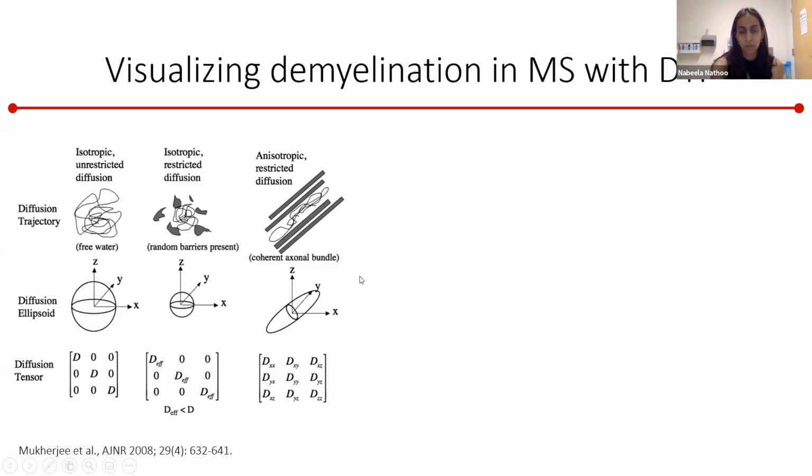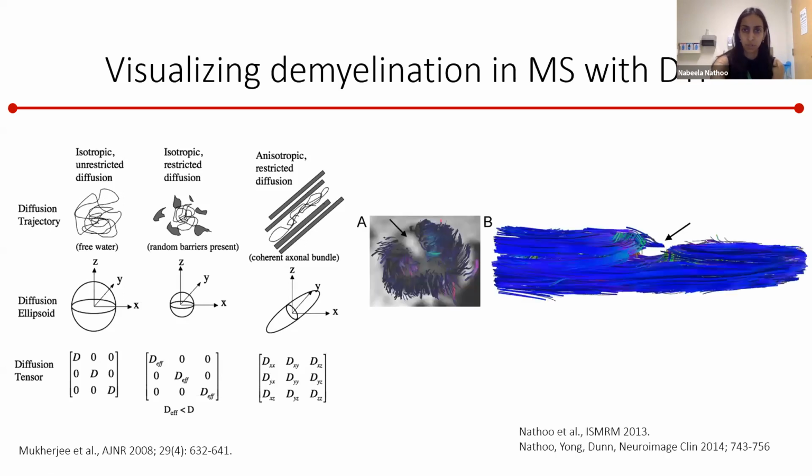The notion being that if you have a demyelinating event, it'll become more isotropic. So your values that you get with diffusion tensor imaging, of which there are many, will be abnormal versus an area that has myelin. Subsequent to that, if you have a demyelinating event with remyelination, you would expect the diffusion to become more anisotropic. That's essentially the principle.